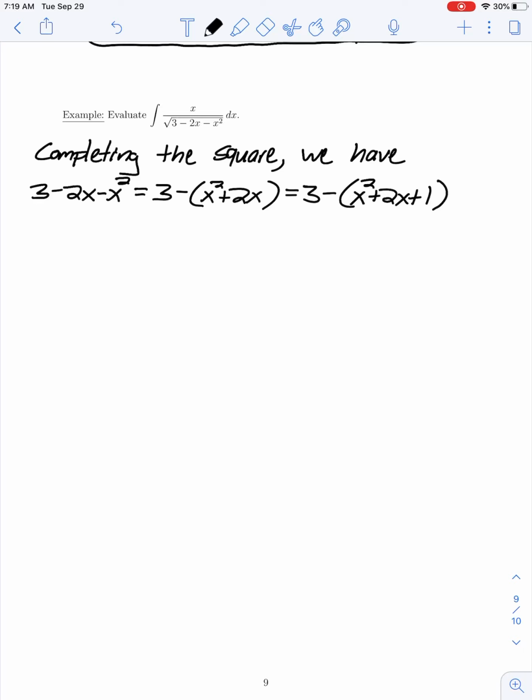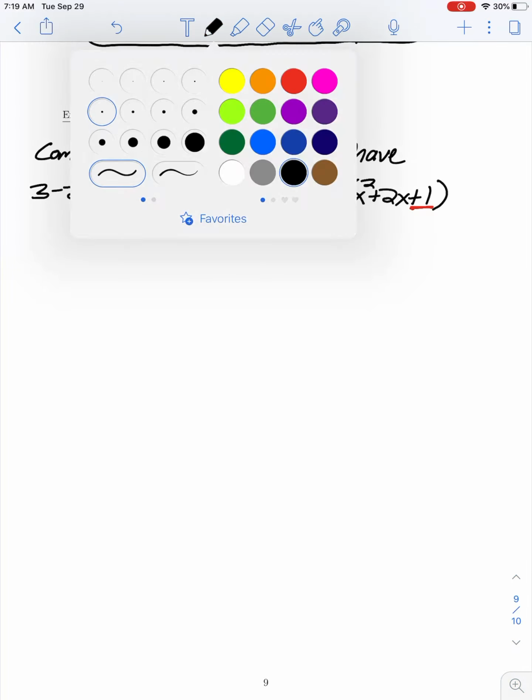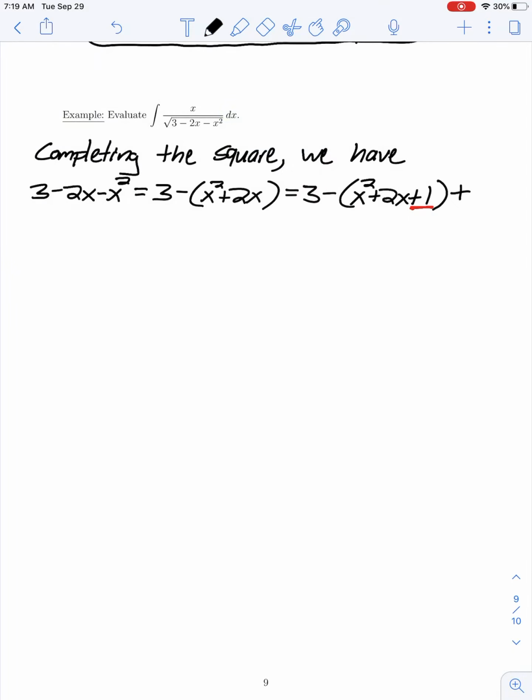So here, in order to keep my constants equal to each other, let's be a little careful. In this step where I was completing the square, I added a 1 to this quadratic, but I was subtracting the entire quantity in parentheses. So I was actually subtracting 1 there, and in order to keep this quadratic as the same value, if I subtracted 1 from that quadratic, I also need to add 1.